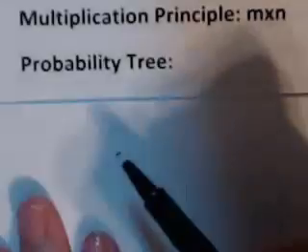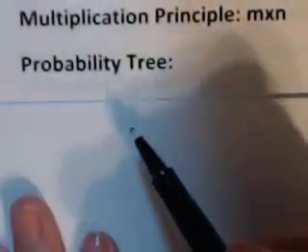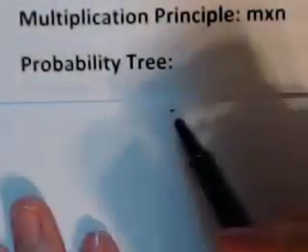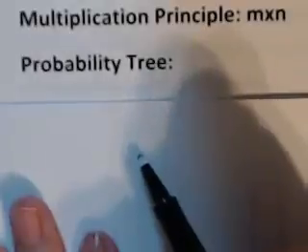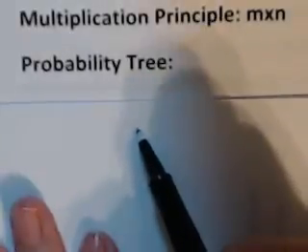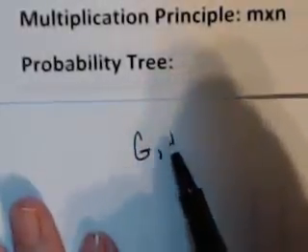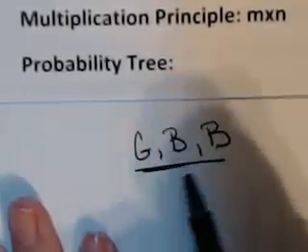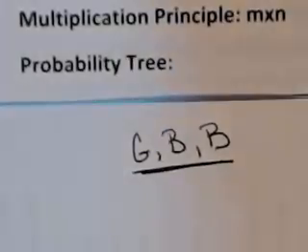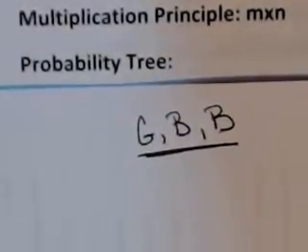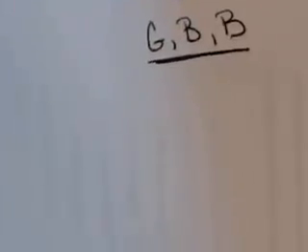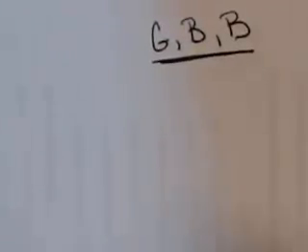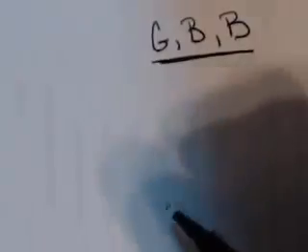For example, if you want to know the probability of having 3 children where you have a girl, boy, boy in that particular order, we can set up a tree to help us count what could happen to get our outcomes.